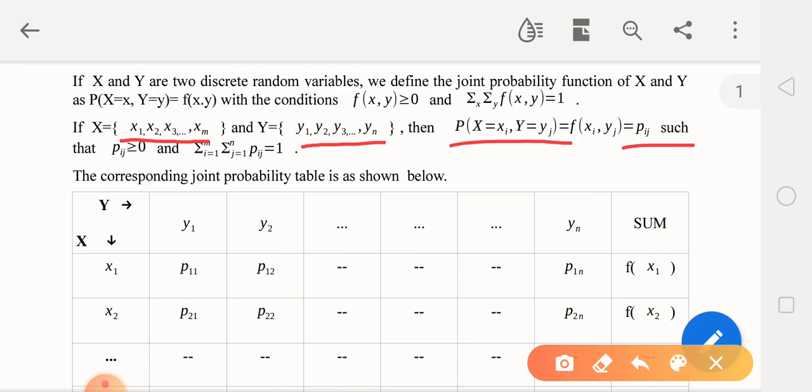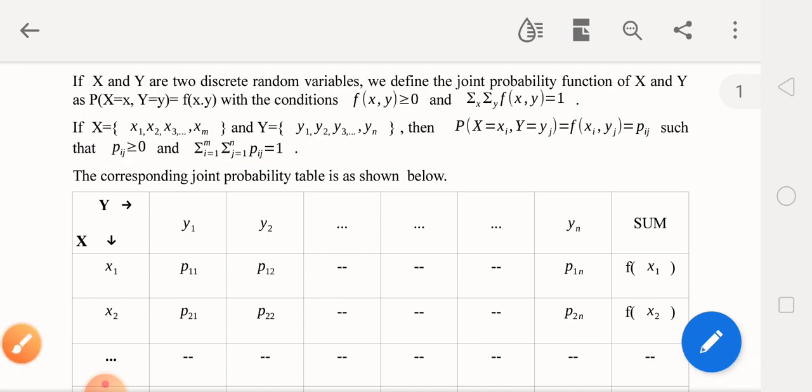So pij stands for probability when X equal to xi and Y equal to yj such that pij is greater than or equal to 0 and the summation of pij over all i from 1 to m, all j from 1 to n is equal to 1.